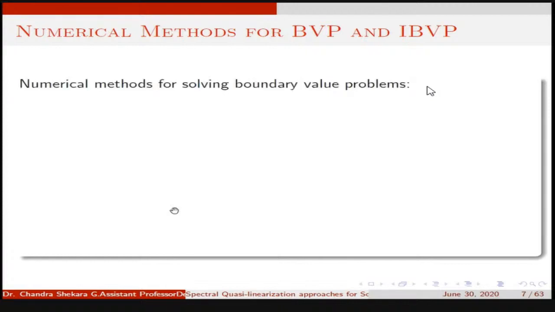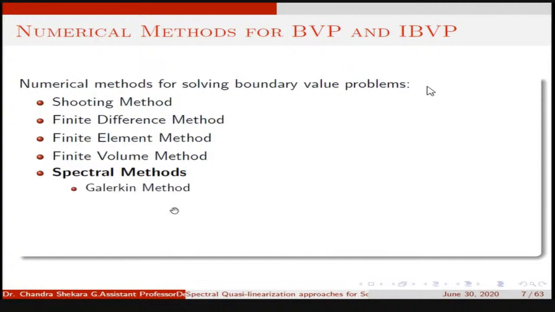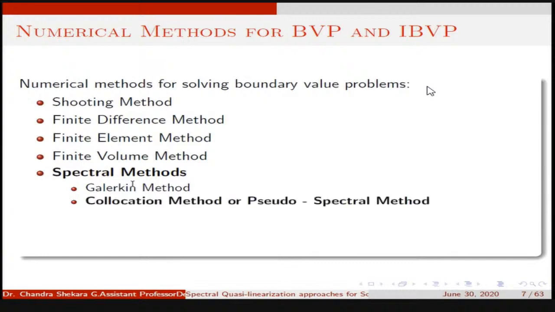To name a few, the shooting method is used to solve boundary value problems, and the finite difference method. There exist the finite element method, the finite volume method, and the spectral method. Today in this talk, I'm going to elaborate on spectral methods. In particular, in spectral methods there is a class of methods called the Galerkin method, but I'm not going into the Galerkin method.